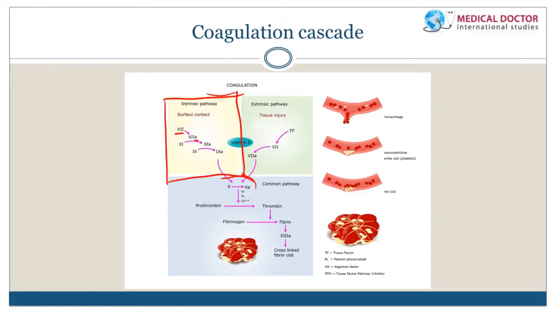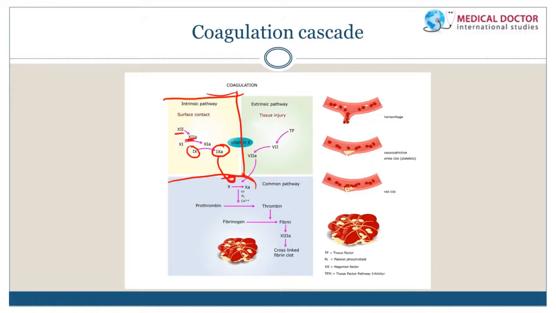So, activated factor 12 is going to activate factor 11. Factor 11 is going to activate factor 9, and activated factor 9 is going to activate factor 10. And now we are already starting at the common pathway.